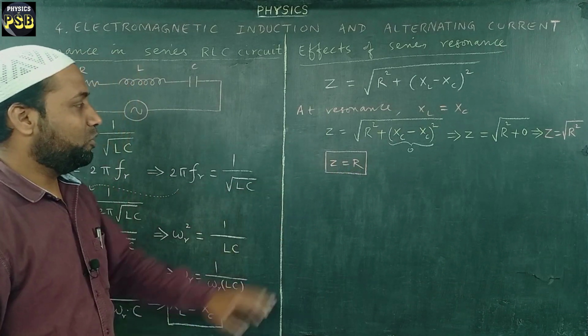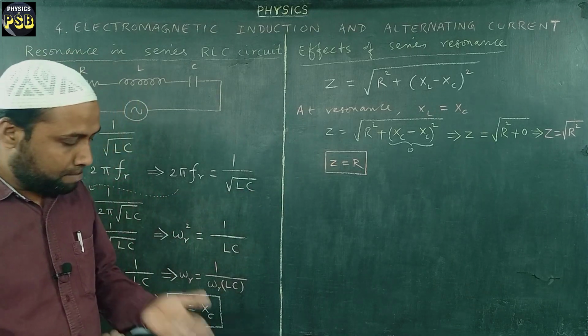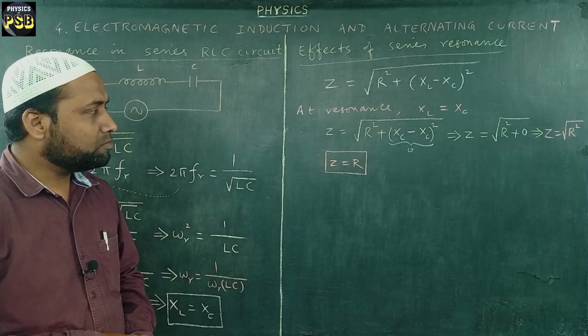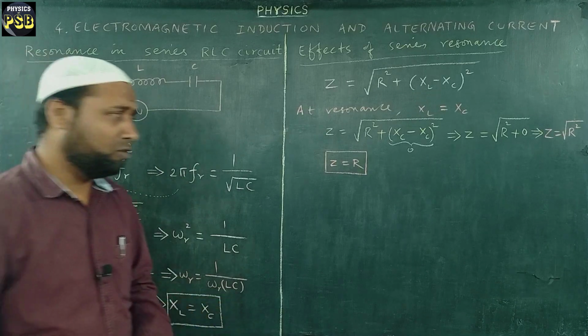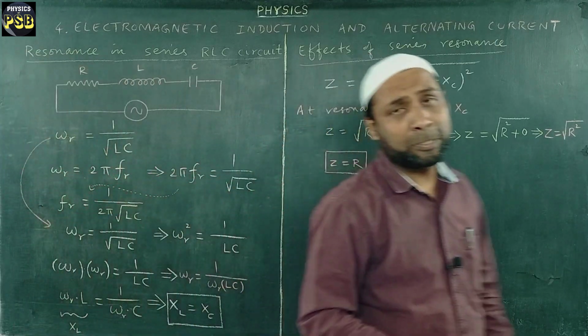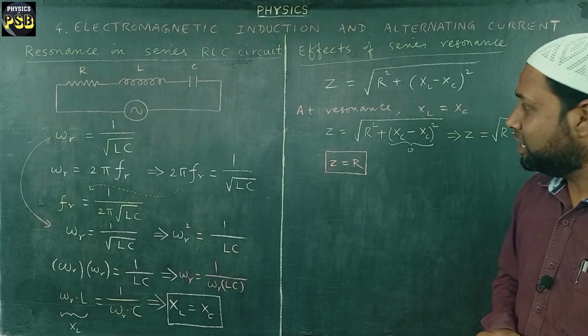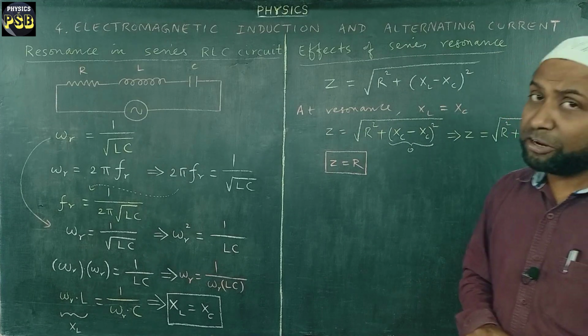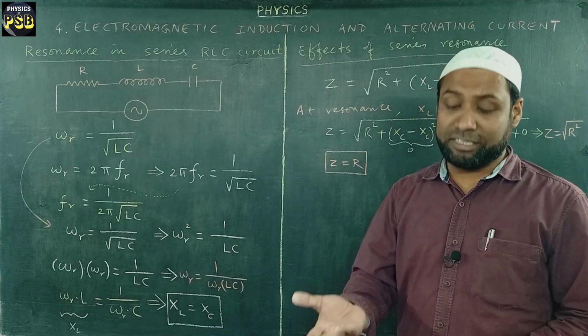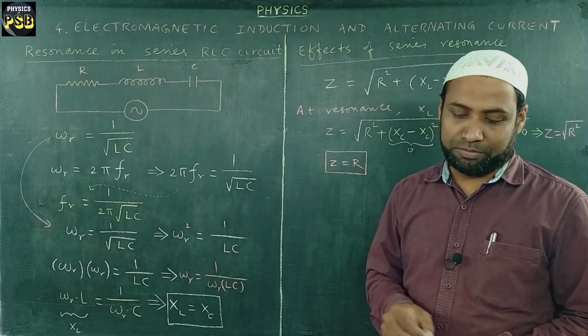Clear? So when this happens, automatically the current in the circuit will increase. We know whenever the resistance in a circuit decreases, the current will increase according to Ohm's law.